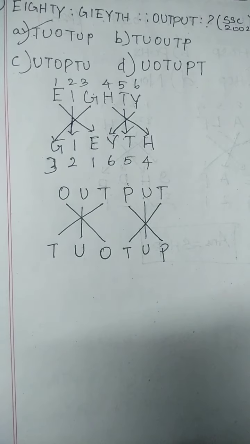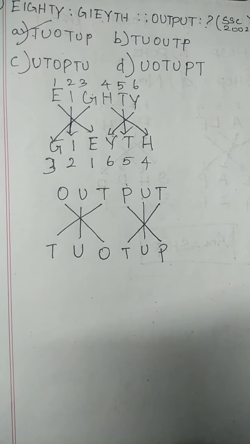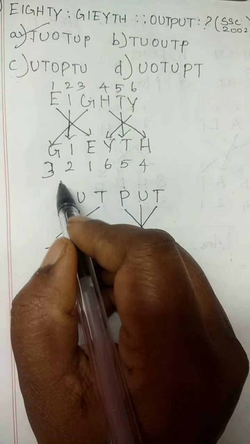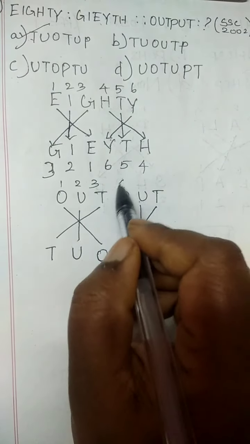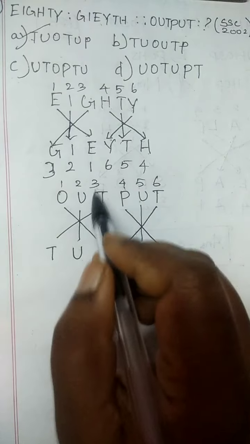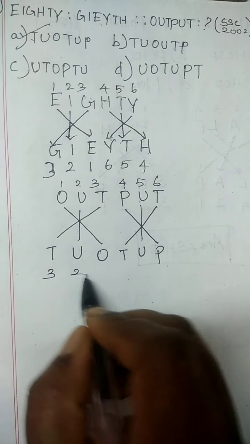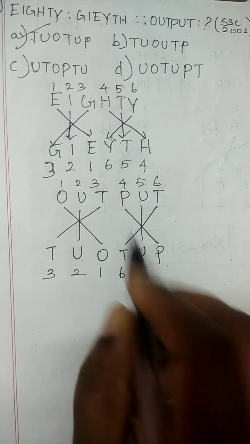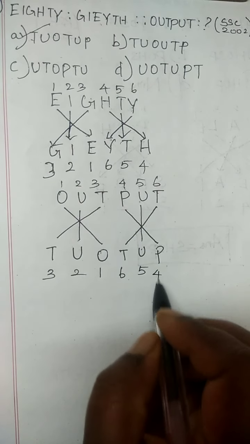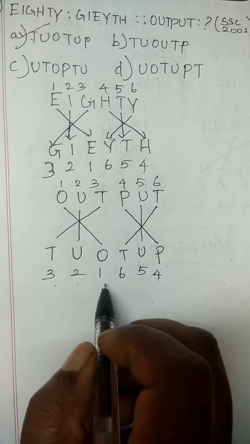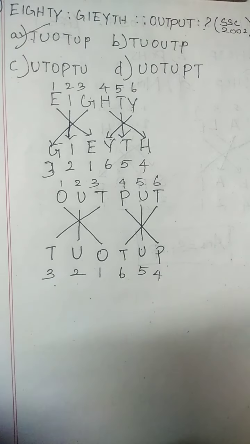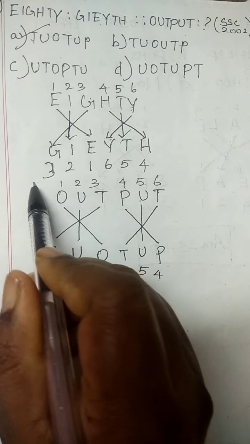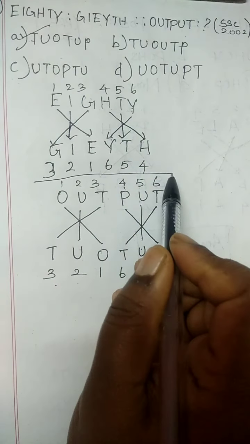So they are arranged in 3, 2, 1, 6, 5, 4 order. If you want, number the output: 3, 2 same place, 1, 6, 5 same place, and 4 at last. So 3, 2, 1, 6, 5, 4. Can you get it? This is the clue behind it.